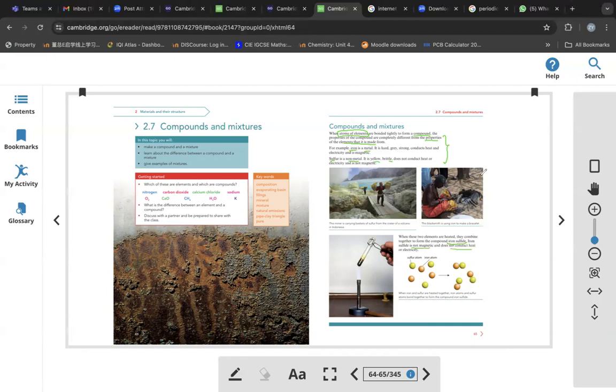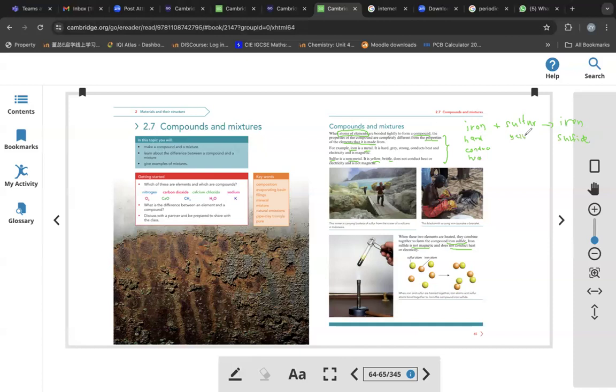Is it because of sulfur? Because they form a new compound, remember? So how I usually study this is I write iron, plus sulfur, and then they form iron sulfide. And then you can write the characteristics down here, so that you can remember, like iron is hard and can conduct heat, is magnetic.